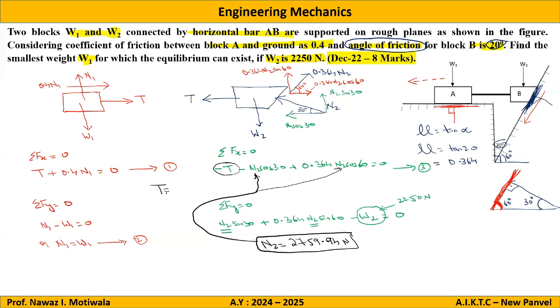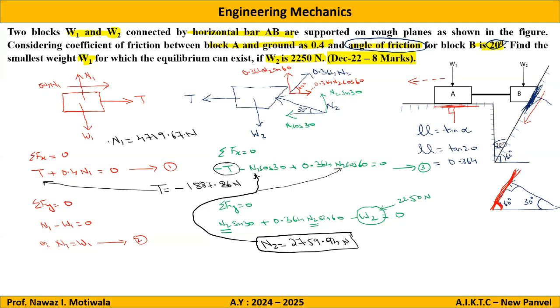as minus 1887.86 newtons. Now, as we got the value of T, we can substitute the value of T in equation number 1, and I can get the answer for N1. So I will get N1 is equal to 4719.67 Newton.